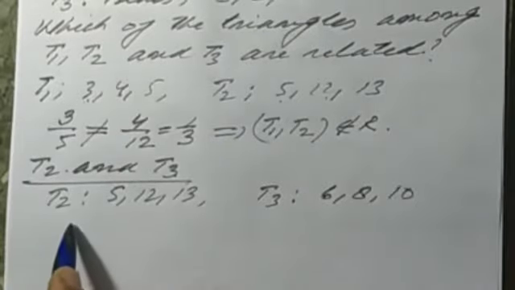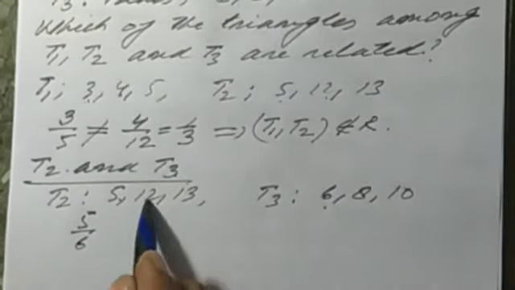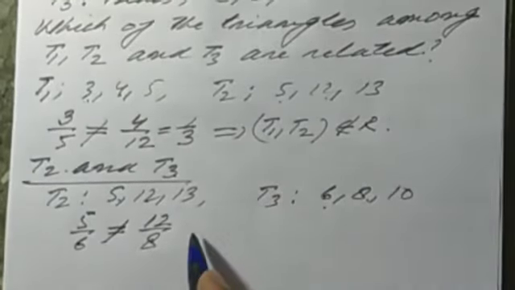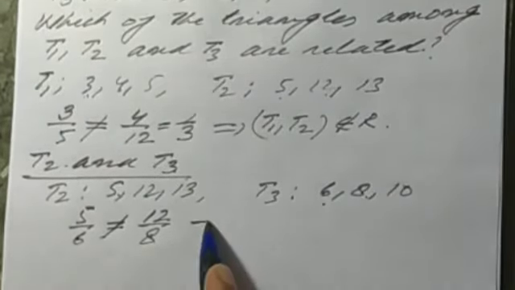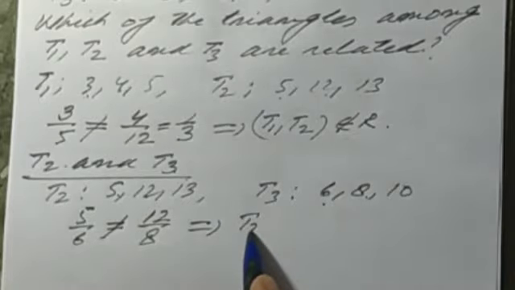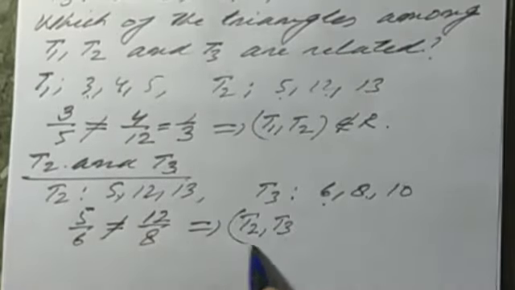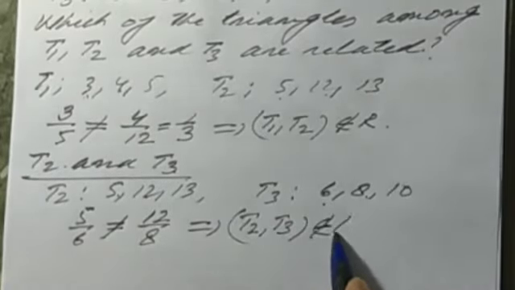Now if we check the ratios of the sides, we get 5 upon 6, the ratio of the first two sides, and the ratio of the second two sides is 12 upon 8, which is quite different from 5 upon 6. So 5 upon 6 is not equal to 12 upon 8. So here again the sides are not proportional, so it implies that (T2, T3) are not related.